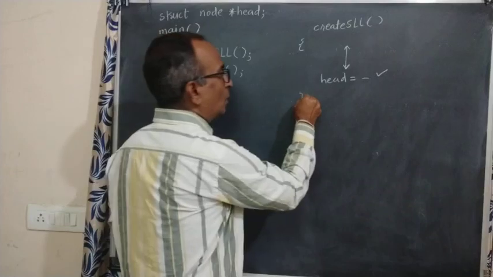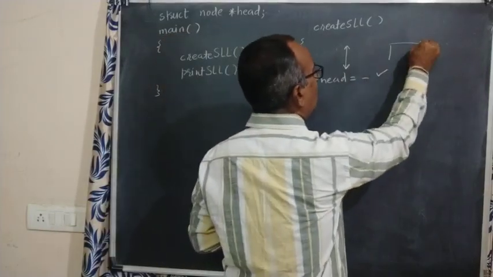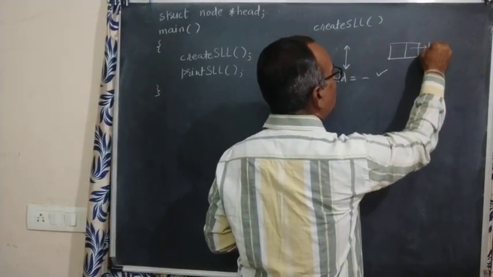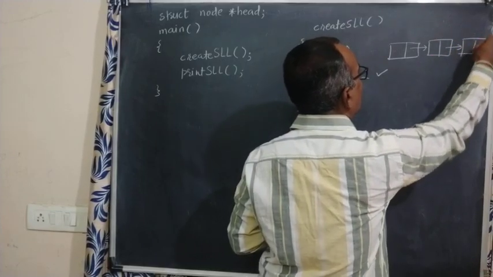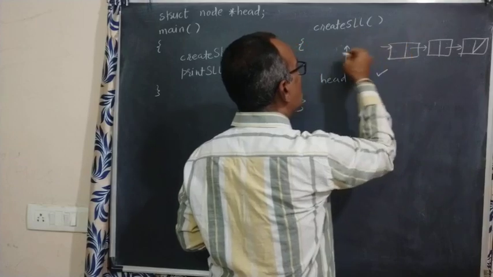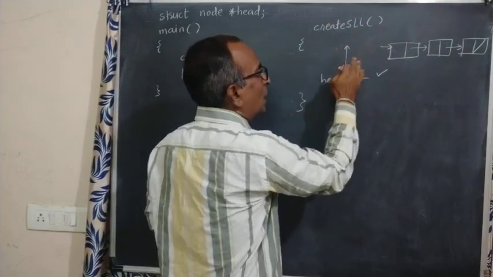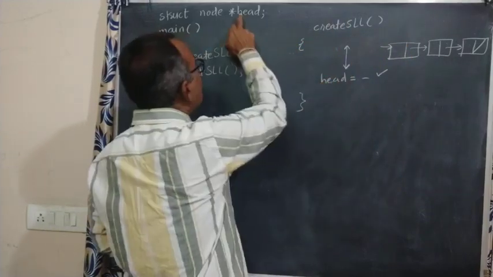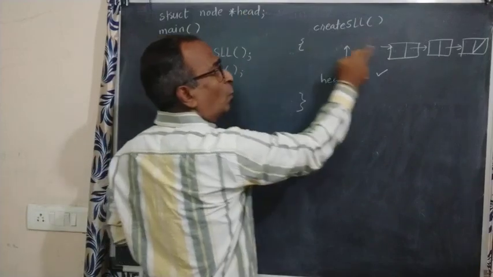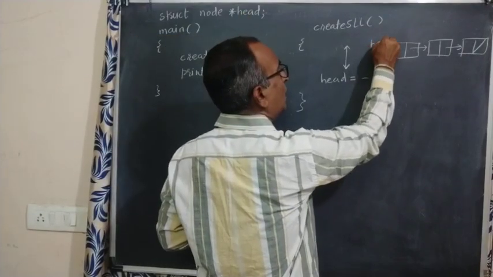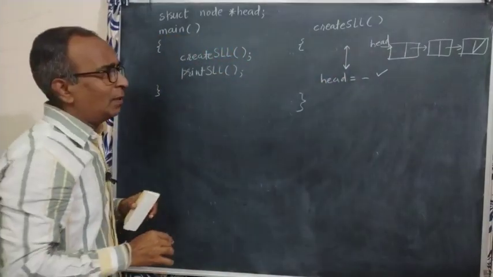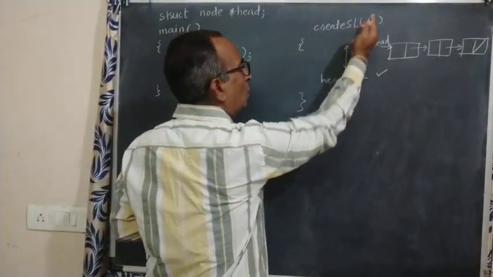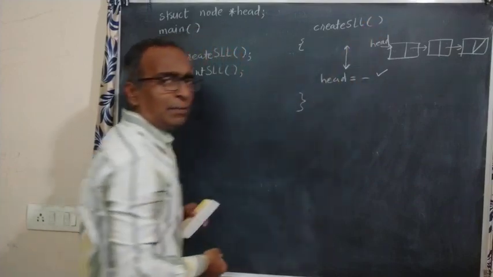So this create list, what it will do, suppose a list of 3 nodes has been created by this create linked list, right? Whatever first node's address, head, that will be set in this create linked list, right? So it will not take any parameter, that will be void.